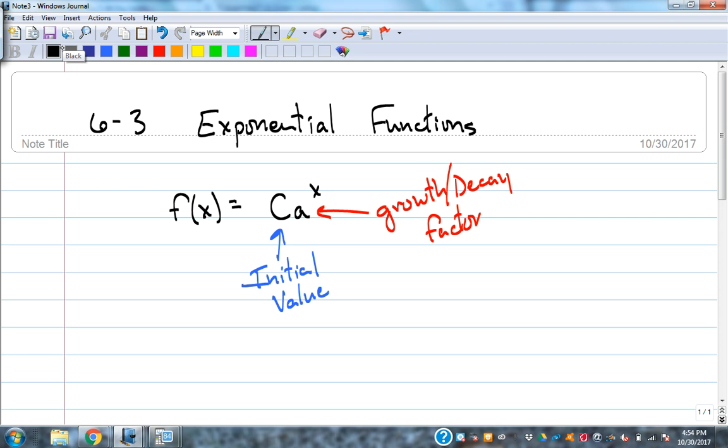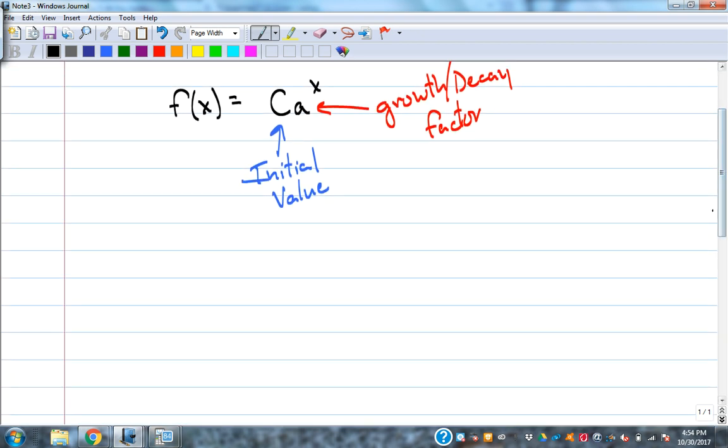All right, so let's look at some tables of values and decide if the ordered pairs are exponential. So is this set of ordered pairs exponential?